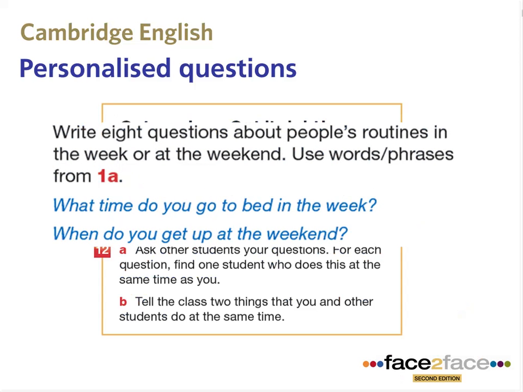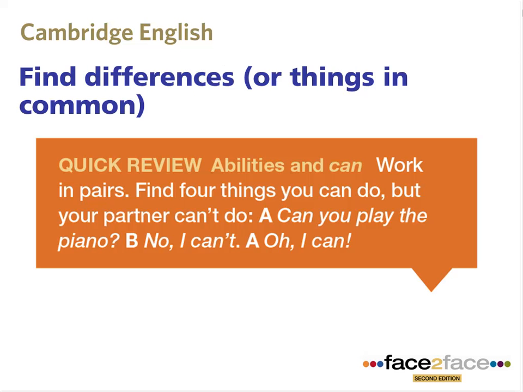So if you're stuck for a vocabulary practice idea, writing questions, and in this you may notice we direct them back to exercise 1A. And in exercise 1A you have the vocabulary on the page. This incidentally is why we always have the vocabulary in the lesson, not just in the back of the book, so students can refer to it when they need it. Then they ask the other students the questions to find out who does the same thing as you.